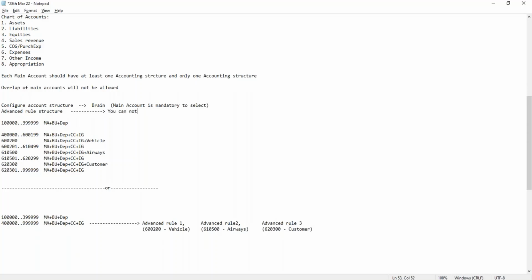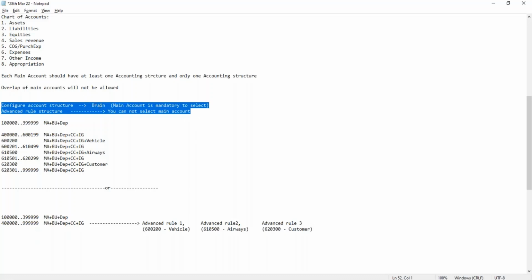You cannot select main account. That is the major difference between these two. In the configure account structure, main account is mandatory to select, whether you select it while creating, or later on you can add it. But here you cannot select it at all.